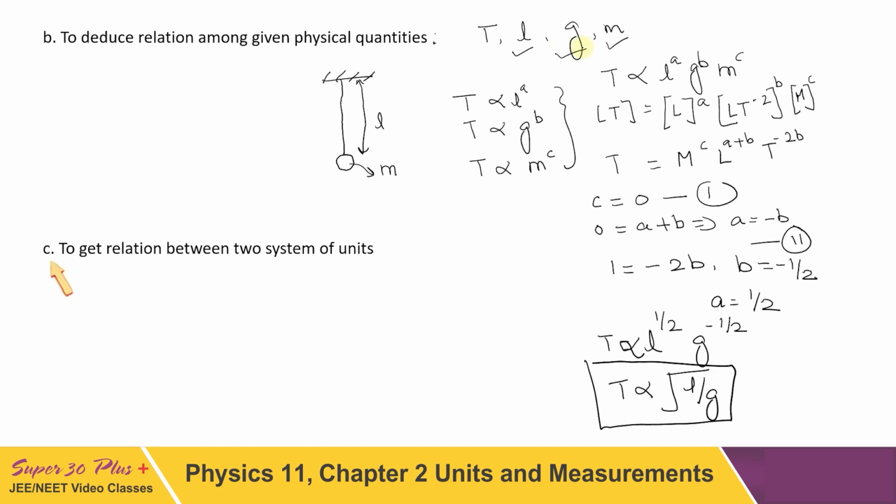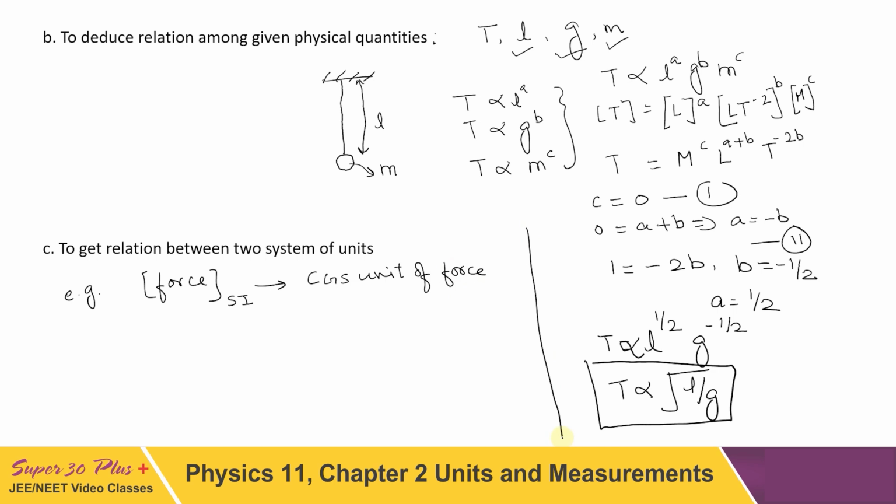The third use is to get relation between two system of units. Now if we want to convert one system of unit into another, how dimensional analysis can be helpful in this? So let us take example. If we have to convert unit of force from SI to CGS, how it would be written?